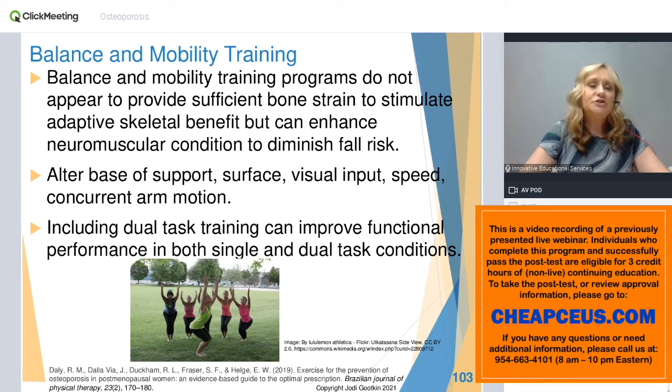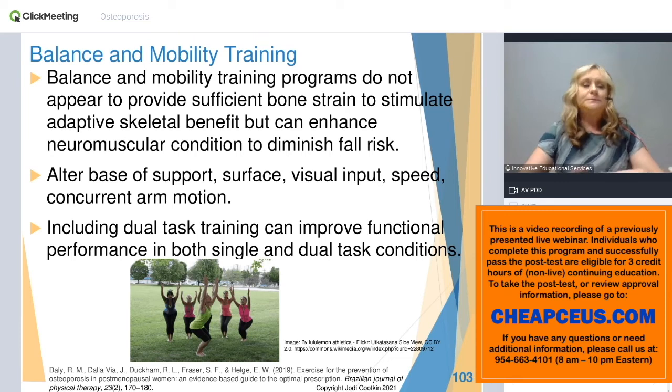Balance and mobility training is an important component to help allow for not only different pulls of muscle forces on the bones, but also to encourage balance and alter base of support. We think of yoga, different types of activities to optimize muscle function and increase balance to decrease that risk of falls.